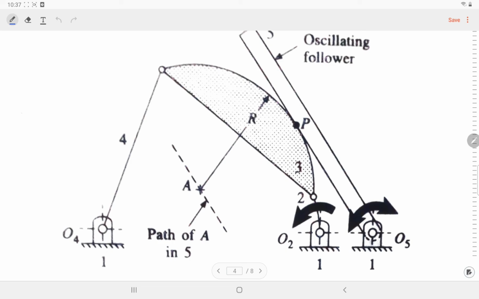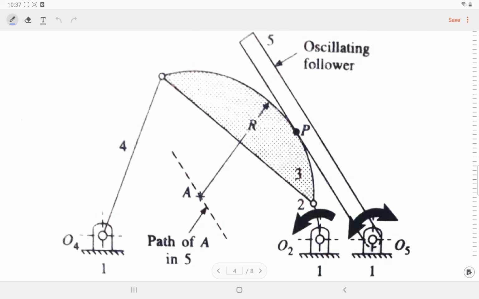Okay, let's see an example. So this is one example. This is also more like a cam and follower. Say this is link 2, and link 2 is having a complete rotation. As a result, this link 5 is having an oscillation like this.